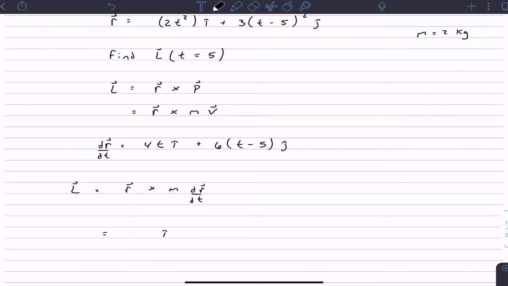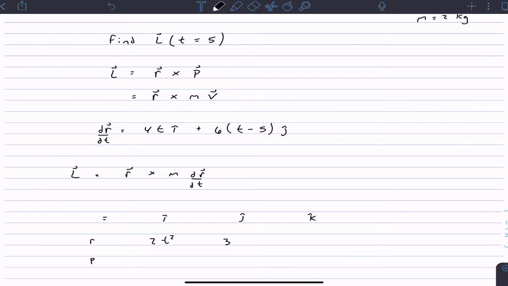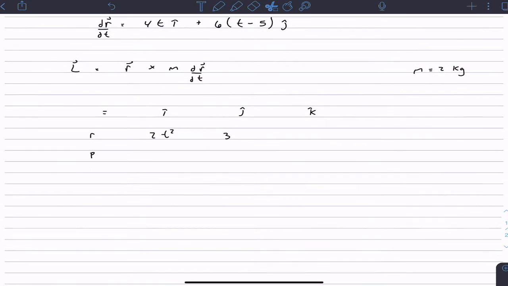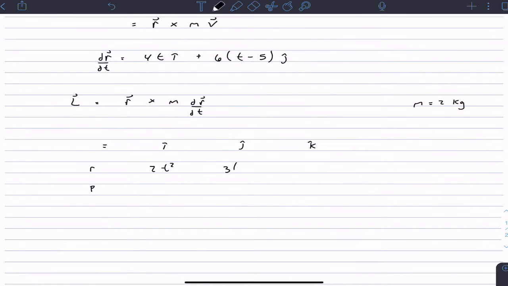So it's i, j, k. In the i hat direction we have 2t squared. This is r, right? This is r cross p, going to be down here. Let's pull this down here so we know this when we need it. Okay, so t minus 5, 2 squared, 0 in the k hat direction, right?